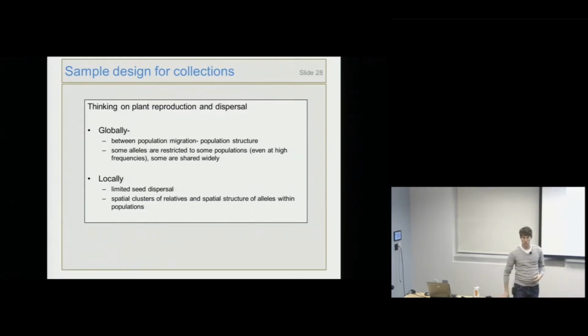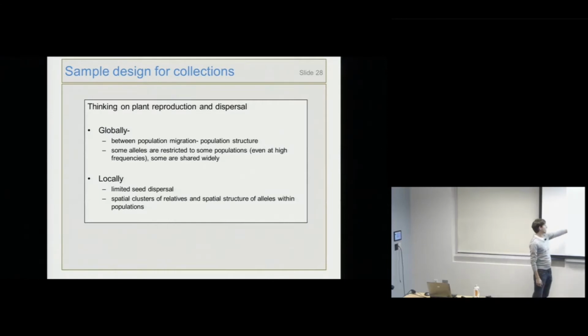Other alleles might be shared widely throughout the range, but be more frequent in some populations than others. We might see a decline in some allele frequencies as you move from one edge to the other. But population structure is a relatively ubiquitous aspect of plant genetics. And in some species, population structure is much stronger than in other species.